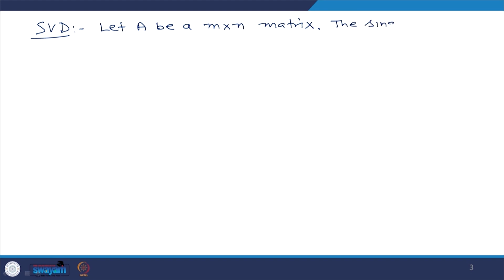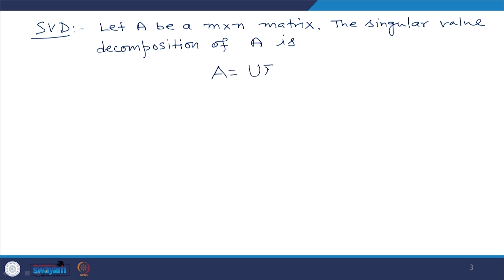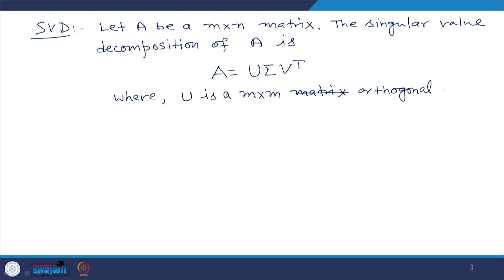The singular value decomposition of A is A equals U sigma V transpose, where U is an m by m orthogonal matrix, such that U transpose equals U inverse, or the columns of U are pairwise orthonormal.